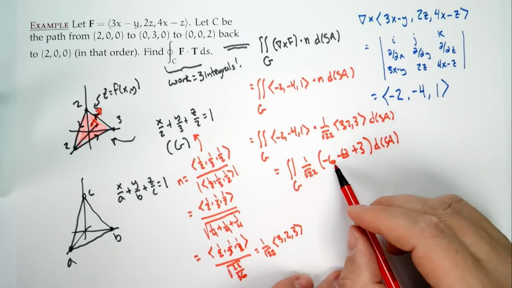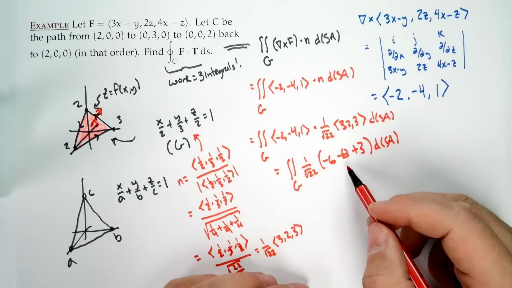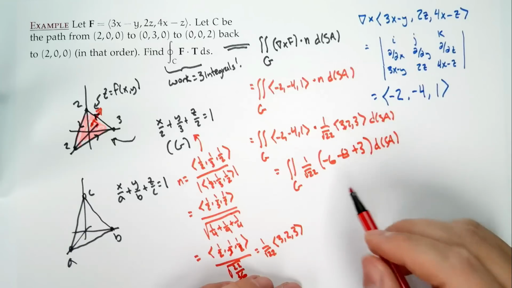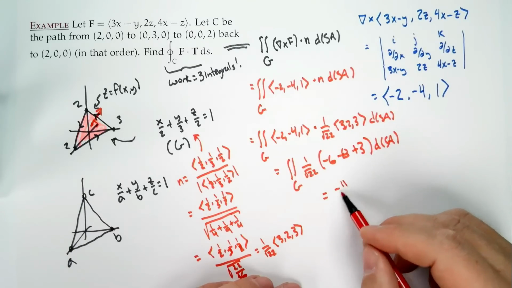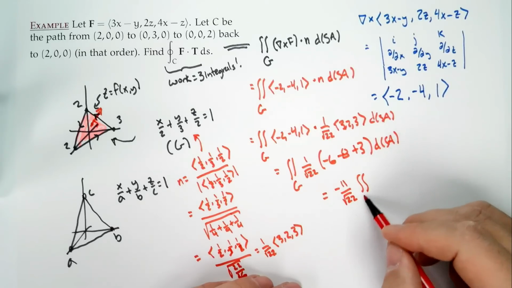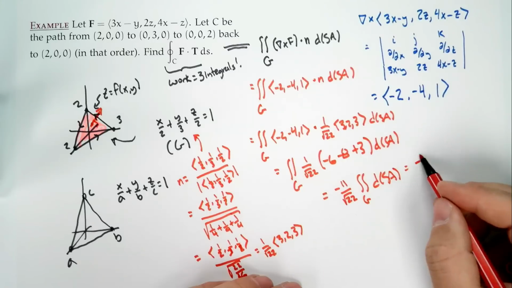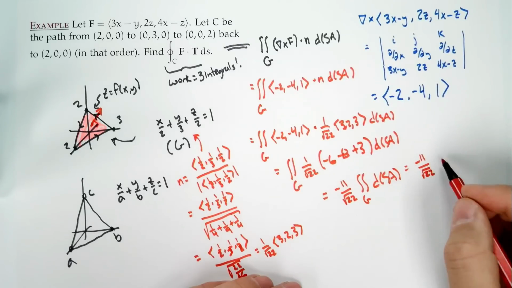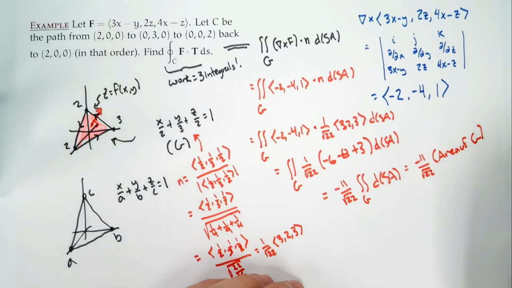And -6 minus 8, that would be minus 14, plus 3 makes minus 11. So we're now up to minus 11 over square root of 22 times the integral over g dS, which means that this is -11 over square root of 22 times the area of g. All right, so now we're down to saying, well, what's the area?